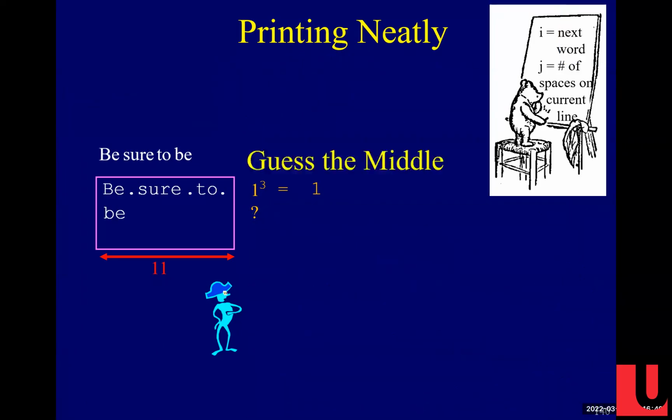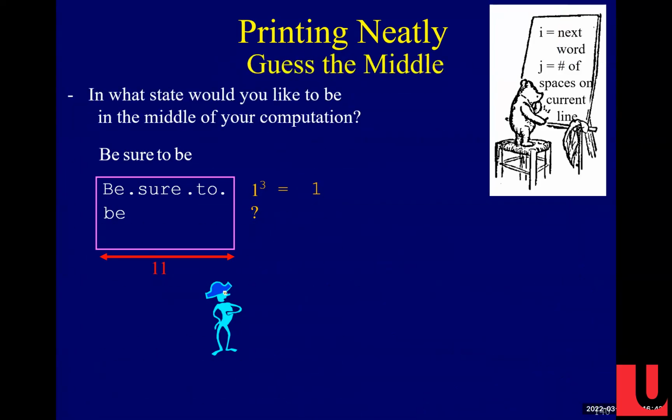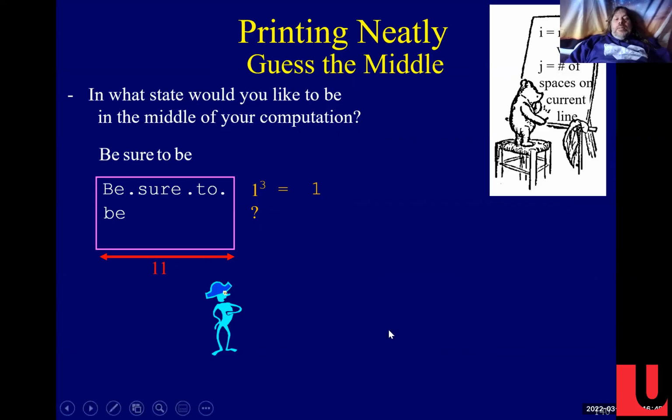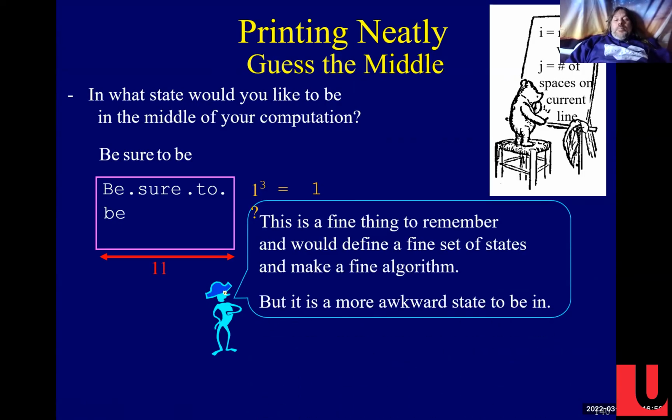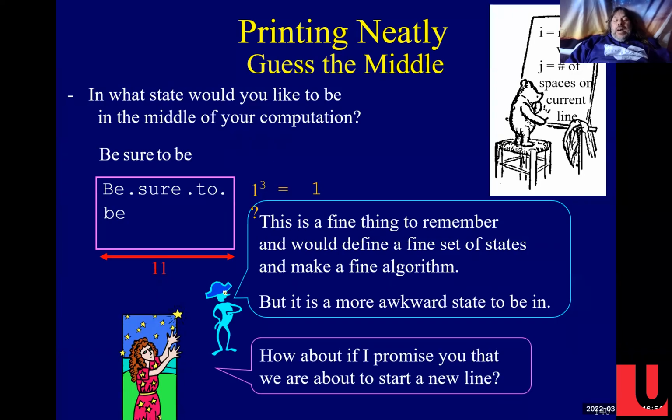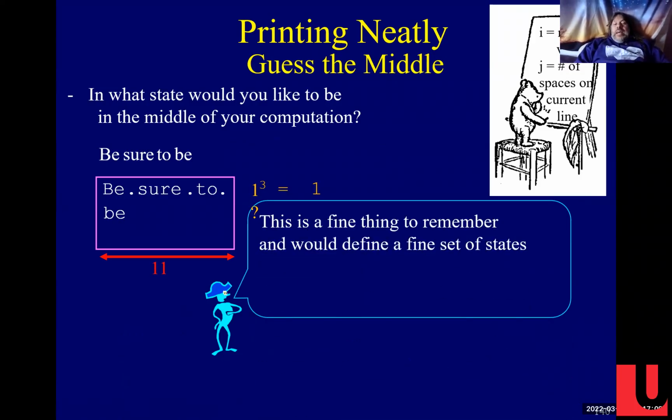Yeah. So, right, what states do we want to know? Well, we could do that algorithm that we just had, where it remembers how many spaces are at the end of the line, all right?